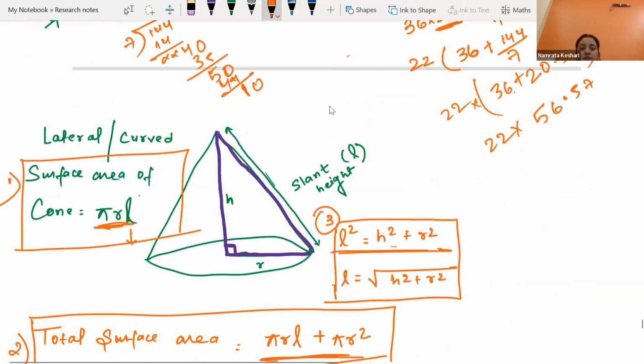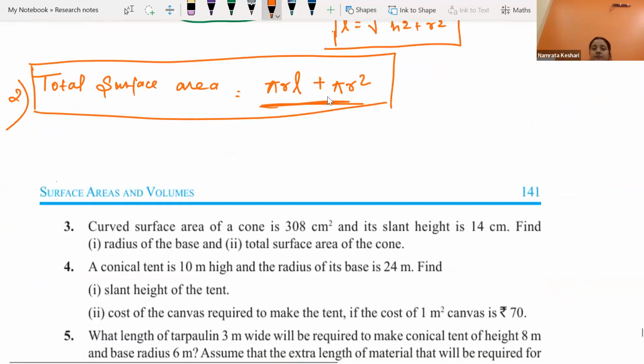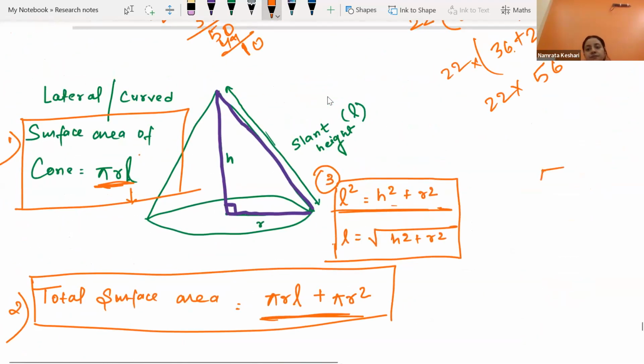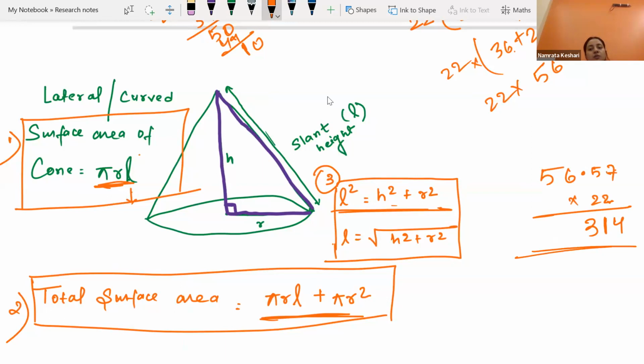Okay, let's do it. 22 7s. If you want, you can break it. Okay, 7 2s are 14, 4 carry 1, 5 2s are 10, 11 carry 1, 6 2s are 12, 13 carry 1, 5 2s are 10. Just do the simplification and tell me whatever she has got.